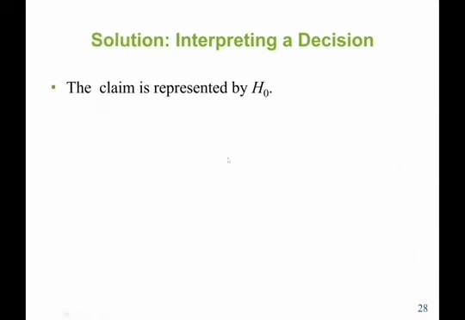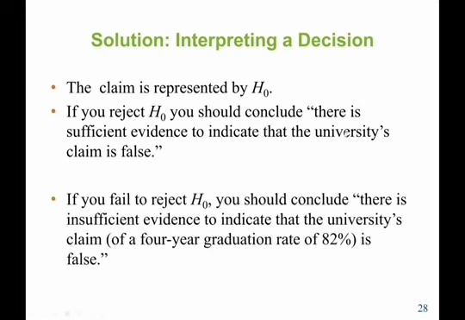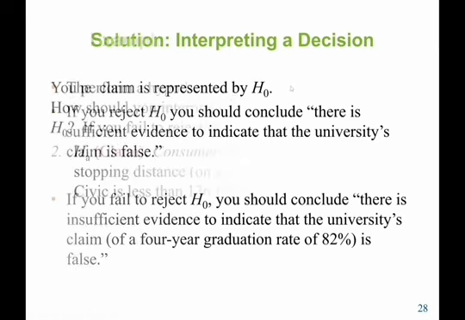So the claim here is represented by HO. If you reject HO, you should conclude that there is sufficient evidence to indicate that the university's claim is false. And if you fail to reject HO, then we say that there is insufficient evidence to indicate that the university's claim of a 4-year graduation rate of 82% is false.